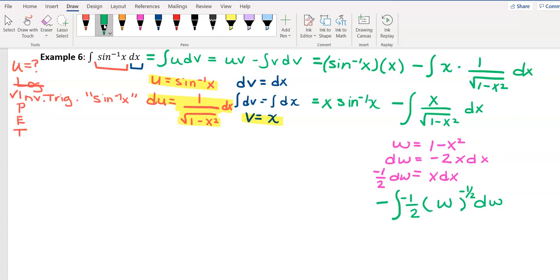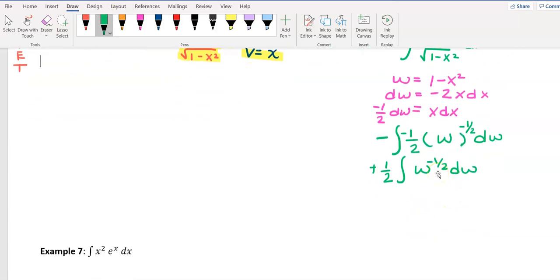Okay, so now what I think I'm going to do is bring forward this negative 1/2, and so now it'll be a positive 1/2 integral w to the negative 1/2 power dw. Now I can integrate this. So I add 1 to my exponent, which would be w to the 1/2 power now, and then divide by 1/2, which is the same as multiplying by 2, or 2 over 1.